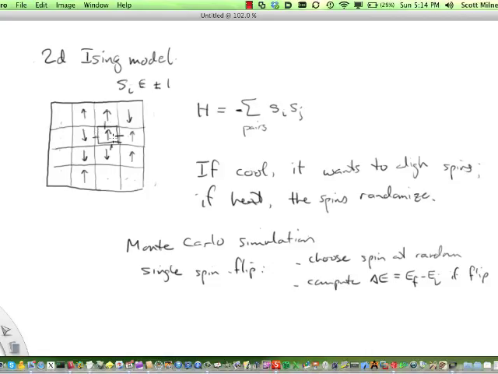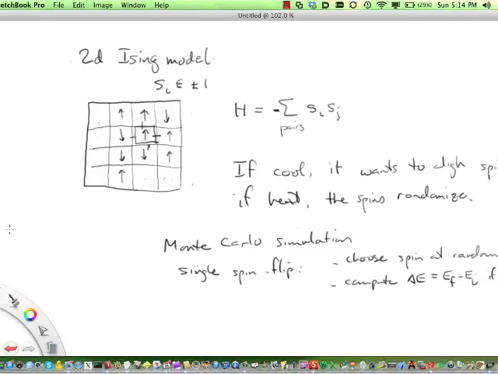And what you can pretty easily persuade yourself is that the change in energy is going to be minus 2 times the spin that you try to flip times the sum over the neighbors of their values.